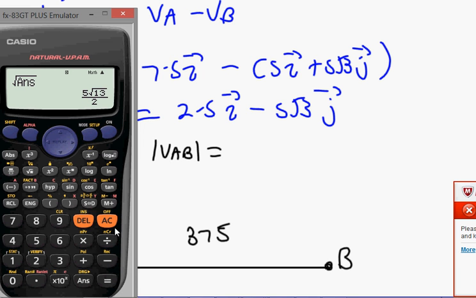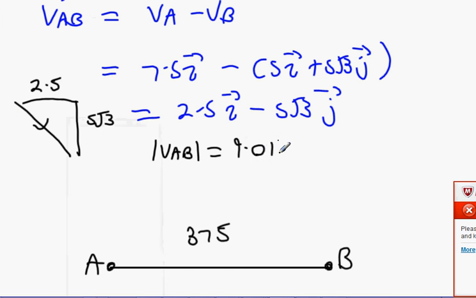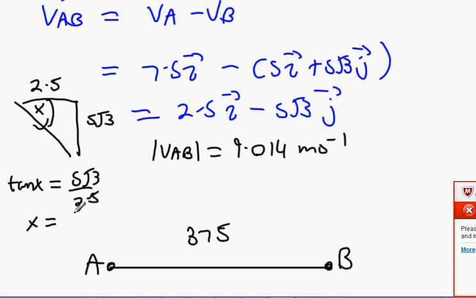5 root 13 over 2. You can do a bit better than that. 9.014 meters per second. Okay, can we find the angle? Tan inverse that for me. 73.8979. Okay, so tan inverse is 5 root 3 over 2.5, and the angle is 73.8979.